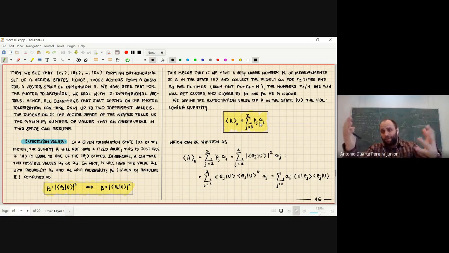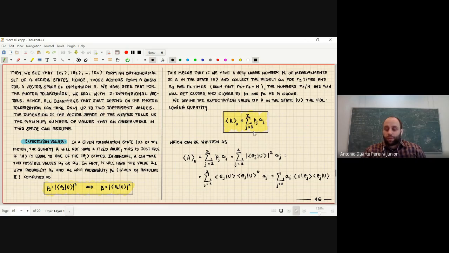So this is like the average that you do in exams. It's not a simple one because the probability of getting A1 and A2 might not be the same. It might be more likely to get A1 than A2, so the expectation value of A will be somewhat closer to A1.